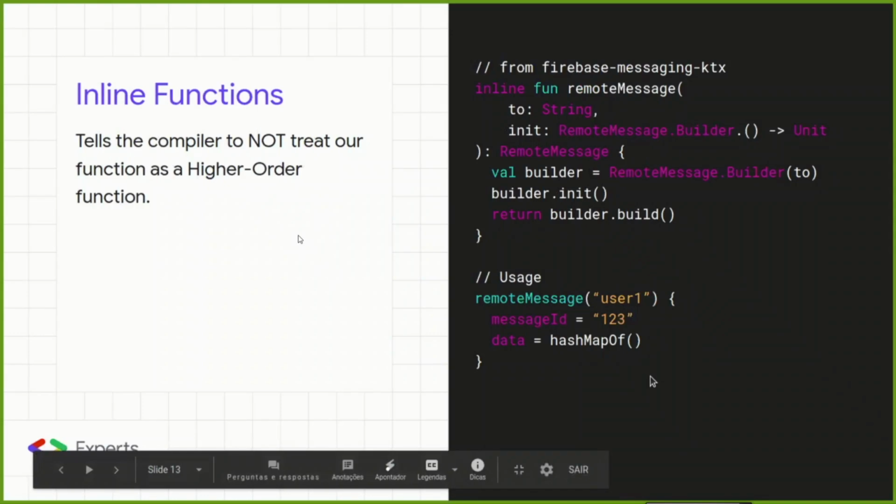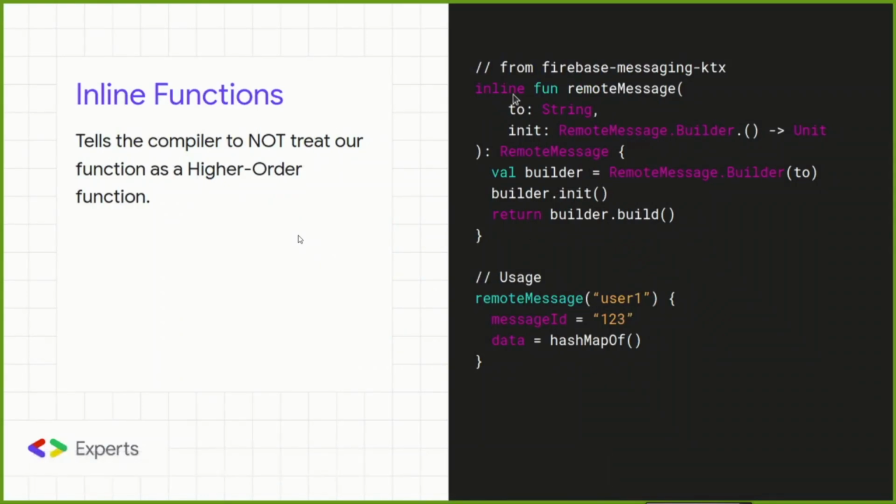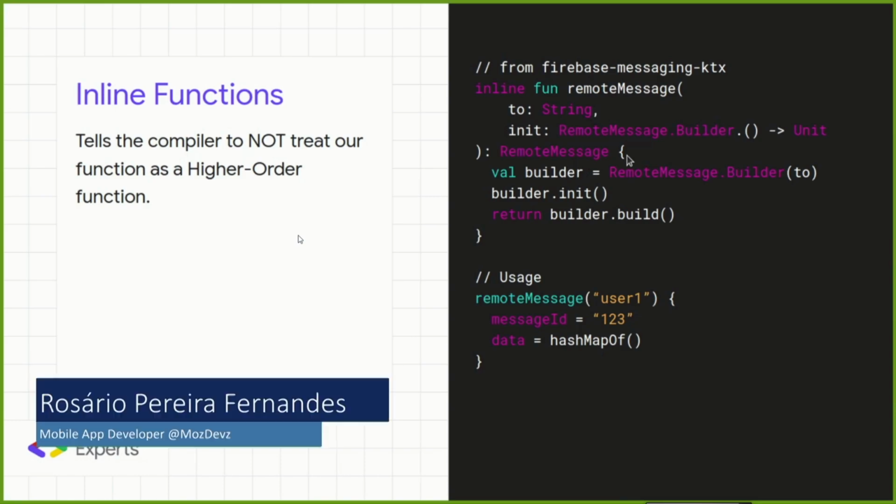Next, we have inline functions. In short, adding inline to a function basically tells the compiler not to treat our function as a higher order function. What happens in Kotlin is basically functions are usually considered as objects, so you can pass them as parameters and do anything else you can do with an object in Kotlin.